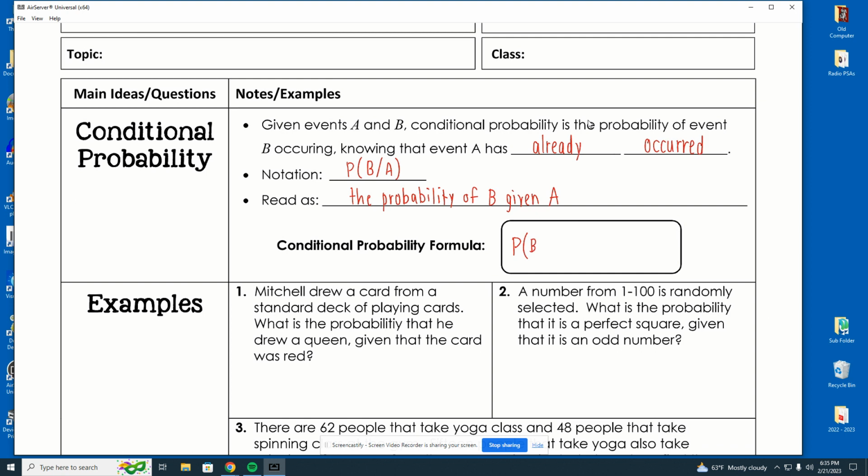The probability of B given A will equal the probability of B and A. Remember, and means multiply, over the probability of A. Okay?